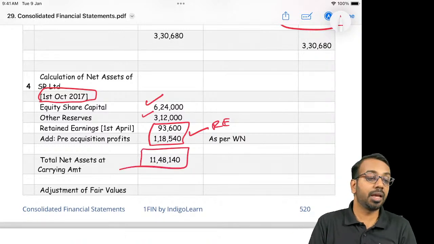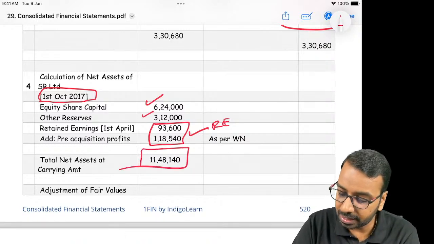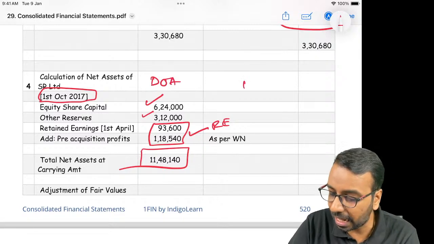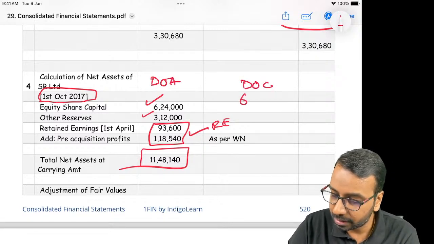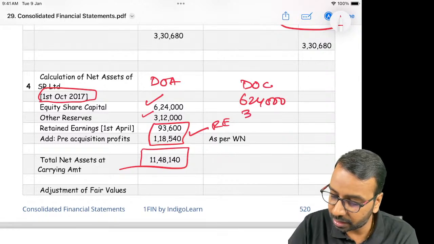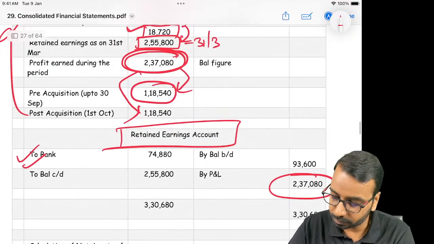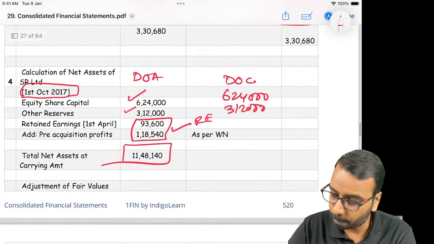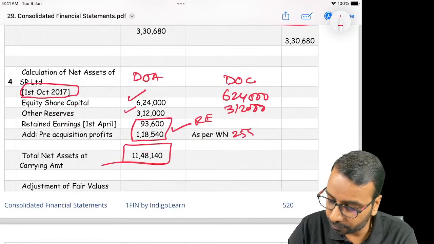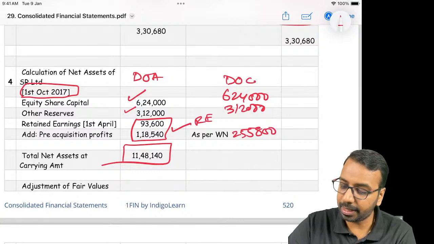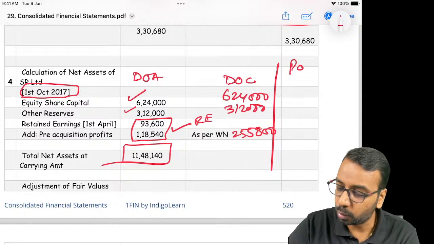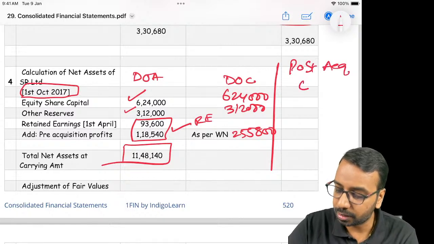Now the same thing, if you want, this is on date of acquisition. You can have your date of consolidation: 624,000, 3,12,000. This has not changed. Then 255,800, 255,800. So this will give you post acquisition. 0 here, 0 here.